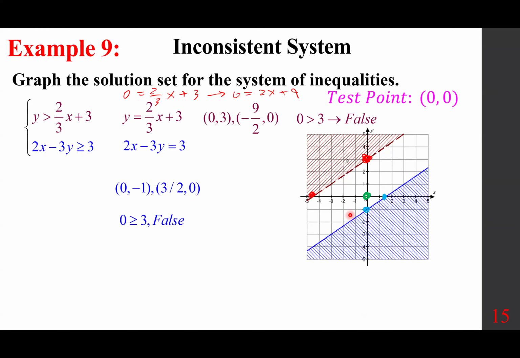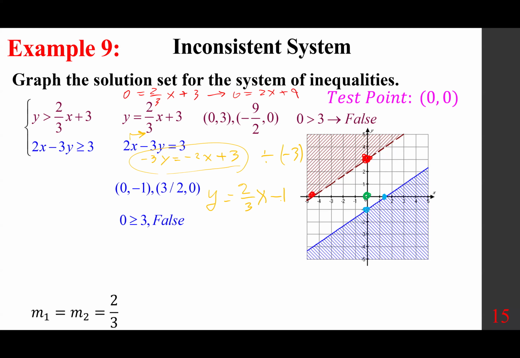Now, you may recognize the two lines are parallel because clearly the slope is 2/3 here. Over here, if you solve for y, divide both sides by -3, you get y equals 2/3 x minus 1.